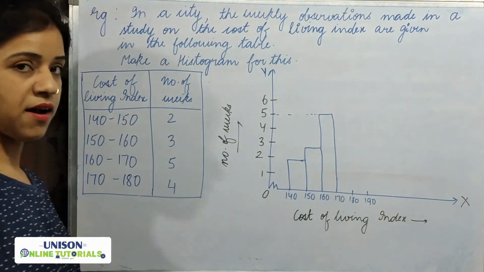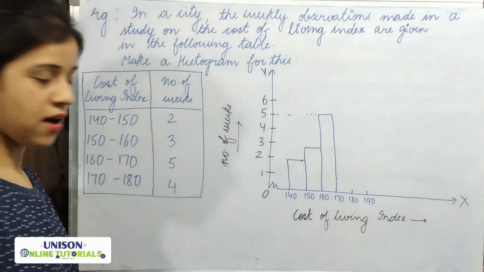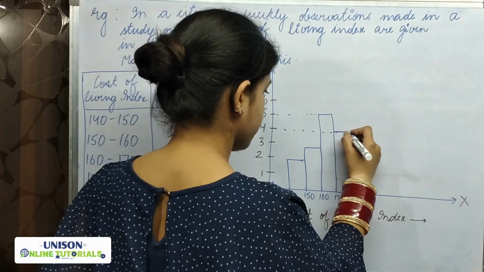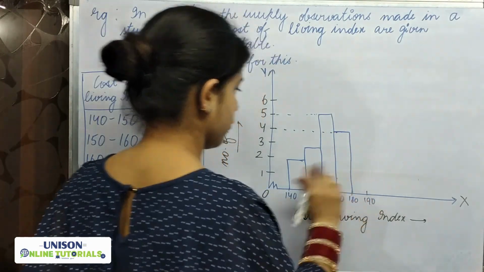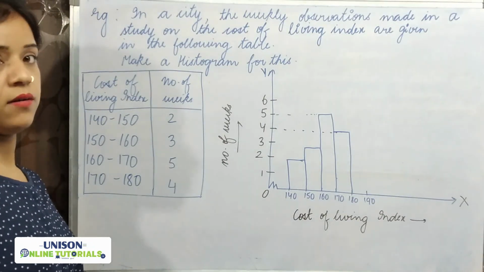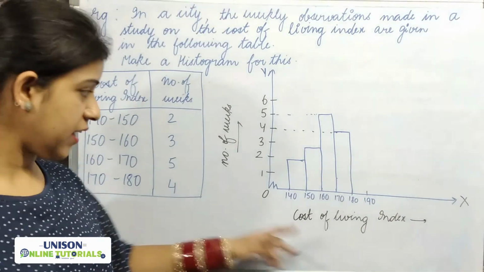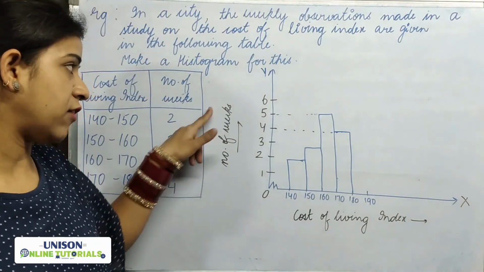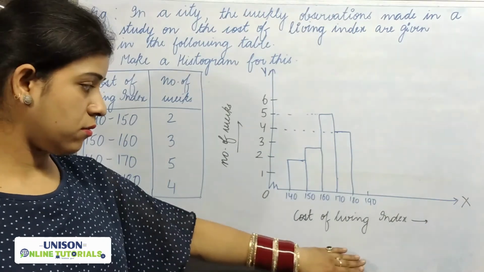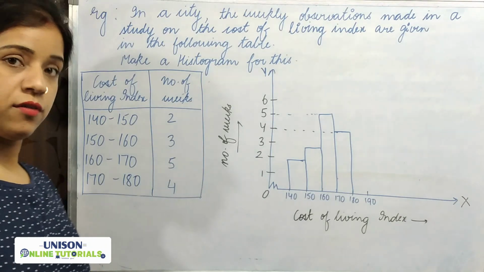In this case bars are joined. Now 170 to 180, the number of weeks is 4. So in a histogram bars are joined. In this way we can make a histogram. On the x-axis we have taken cost of living index, and on the y-axis we have taken number of weeks. You have to mention this: the x-axis shows cost of living index and the y-axis shows number of weeks.